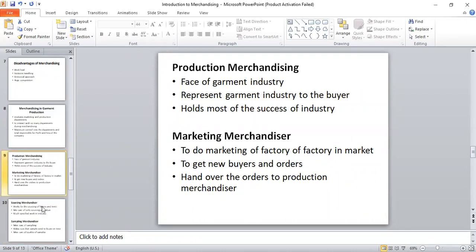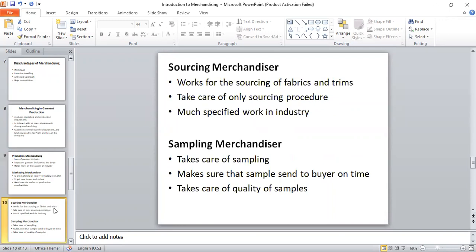The next is sourcing merchandiser. The sourcing merchandiser works for the sourcing of fabrics and trims. Trims are things like zippers, buttons, and other accessories.